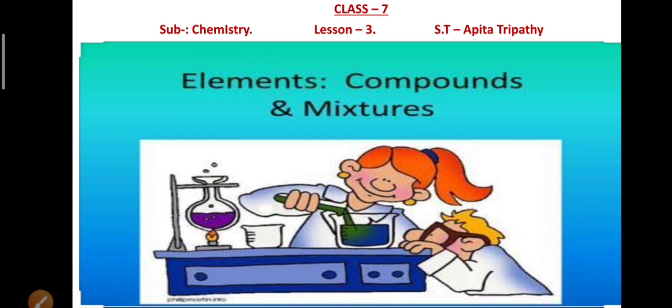Today we are going to deal with lesson number 3, elements, compounds and mixtures.